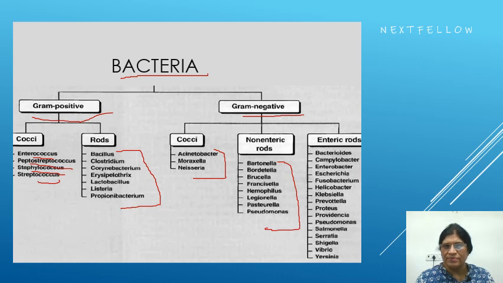Remember, enteric rods means that they are present in the intestine, and those which are present are mainly, you should remember, Escherichia, Helicobacter, Klebsiella, Proteus, Salmonella, Pseudomonas, and non-enteric rods are Legionella, Haemophilus to name a few, Bartonella, Bordetella, Brucella, etc. Even remember, Pseudomonas can be enteric as well as non-enteric. It can cause respiratory infections also and can cause GI infections also.